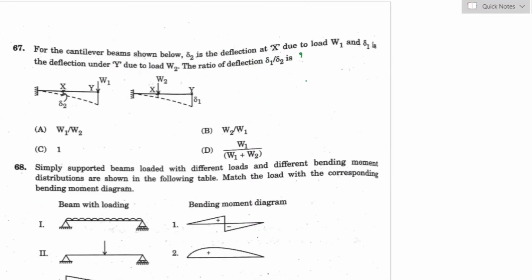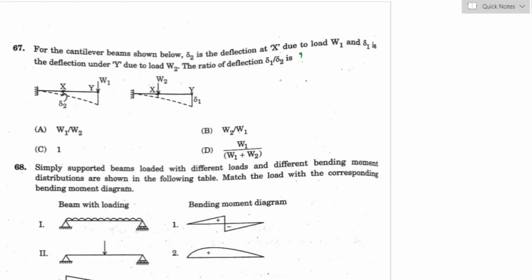Question number 67. For the cantilever beam shown below, delta 2 is the deflection at X due to load W1. So here you can observe delta 2 is the deflection at point X due to load W1 and delta 1 is the deflection at point Y due to load W2.